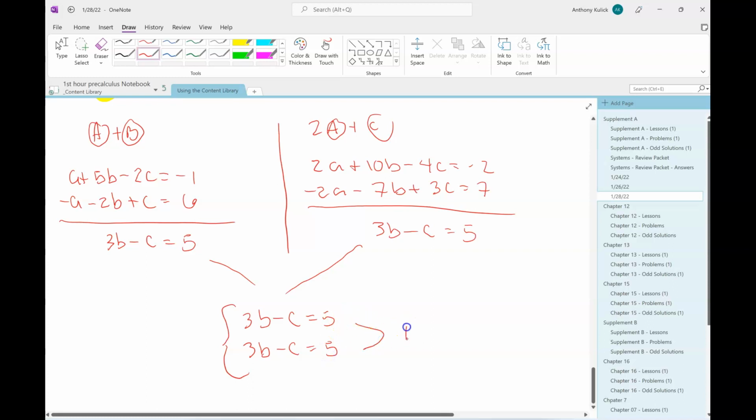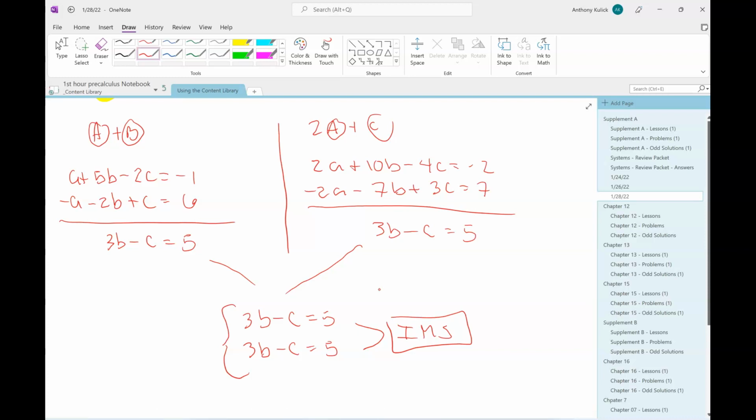Yeah, it just means infinitely many solutions right away, right? But we're going to ask you to do a little bit better than just that. So for infinitely many solutions, we'd like you to be able to describe how to generate those infinitely many solutions.